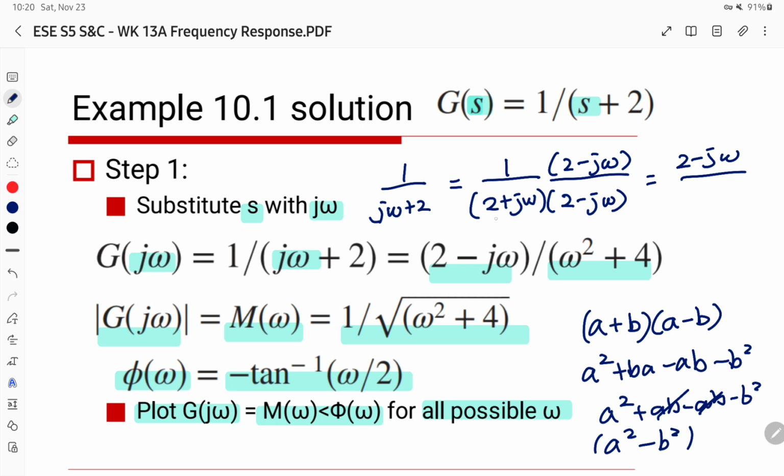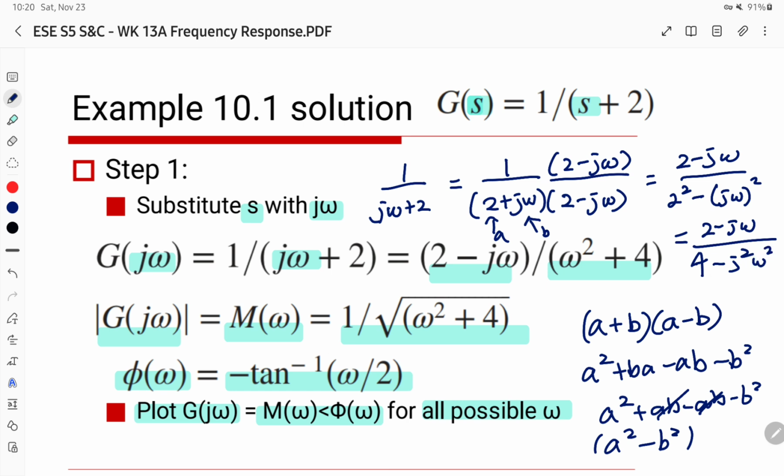So this is A and this is B. A squared will be 2 squared minus B, which is j omega, squared. So you end up with 2 minus j omega over 2 squared, which is 4 minus j squared omega squared.